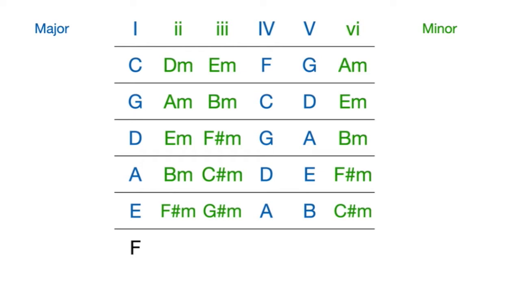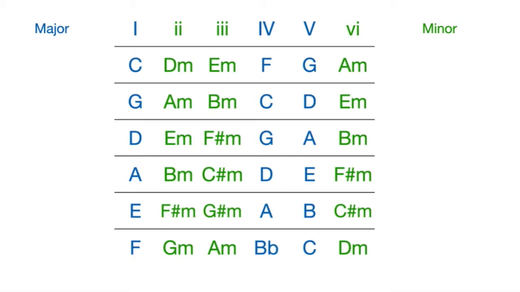F, the scale would be F, G, A, B flat, C, and D, which leaves our majors to be the F chord, the B flat chord, and the C chord, and the minors would be G minor, A minor, and D minor. And if you pay attention to the 6th chords, all the minors on the right-hand side, those are the relative minors of the key.